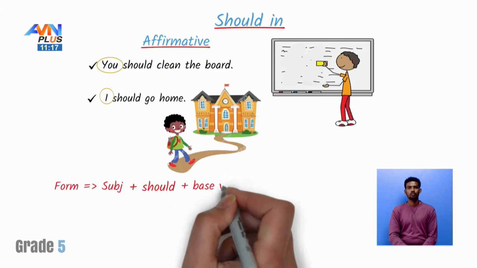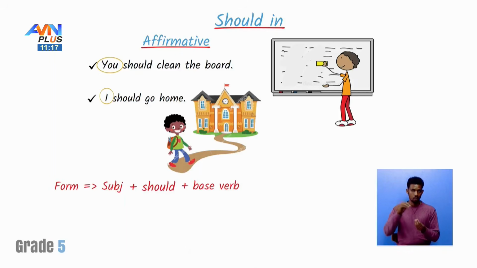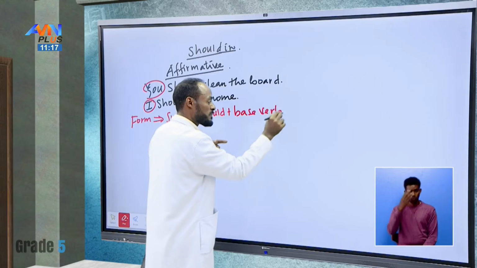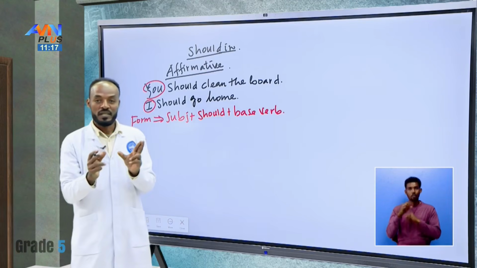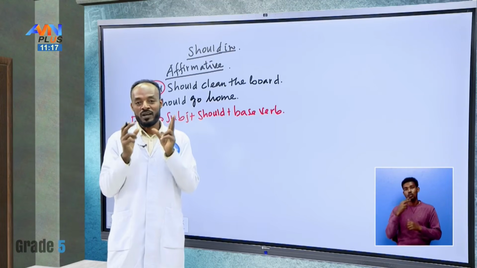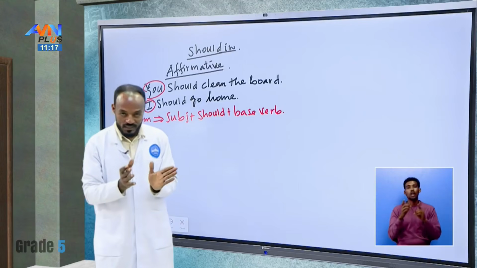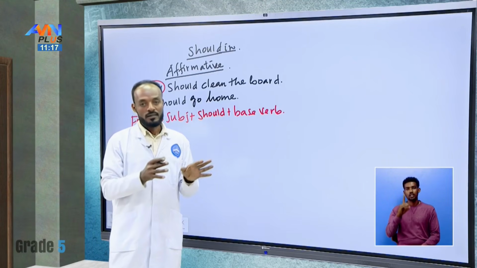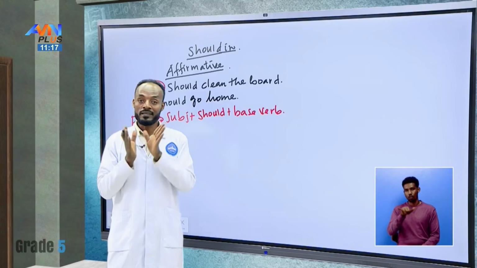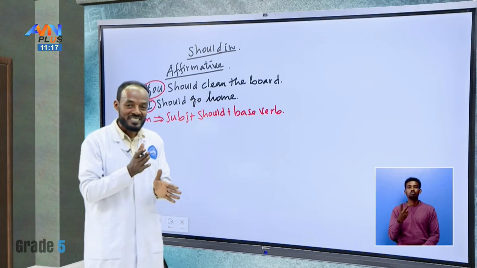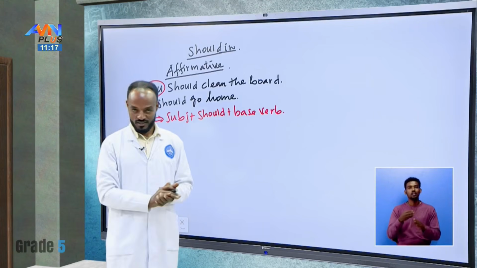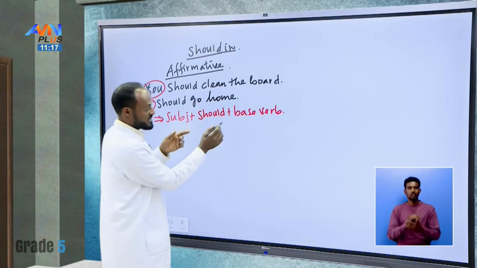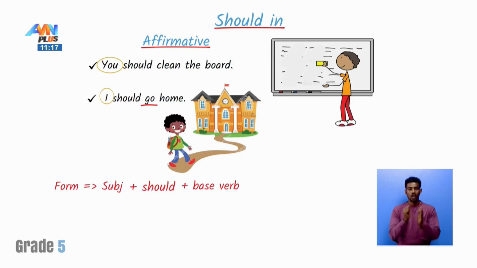Should plus base verb. Do you know what base verb means? Base verb is the verb which doesn't take d, ed, ied, s, and so forth. The verb which does not take any prefix or suffix. Here, as examples, go, clean.